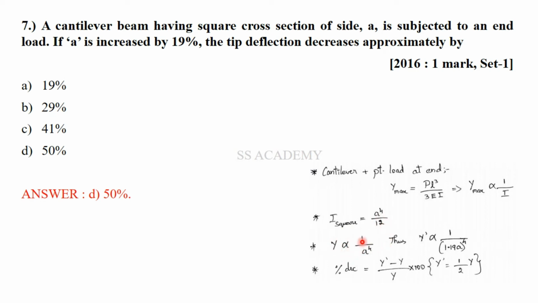So y is inversely proportional to a power 4. So the final y dash, that is after increasing the a by 19%, it will be 1.19 a the whole power 4. So you will be getting around 1 by 2 of y. That is y dash will be 1 by 2 y if you calculate 1.19 a power 4.